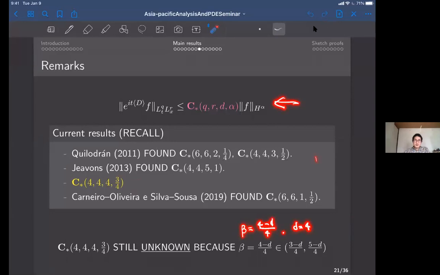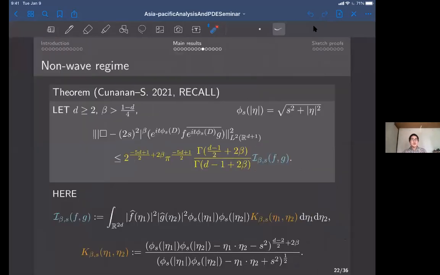But unfortunately, this beta is exactly in the middle of the gap. So this whole argument just can't work for this. So you need a new thing to consider this problem. So it's still open. All right, that was the wave regime.